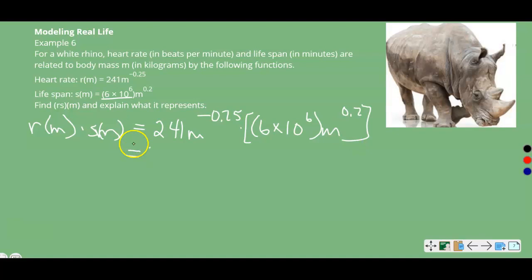We can use the associative property and regroup this. So let's go ahead and put our numbers together. So we got 241 times 6 times 10 to the 6th power. And then we've got m to the negative 0.25 power and m to the 0.2 power.